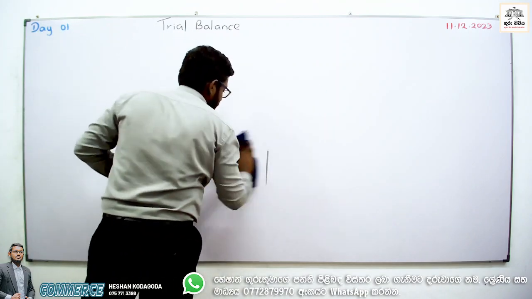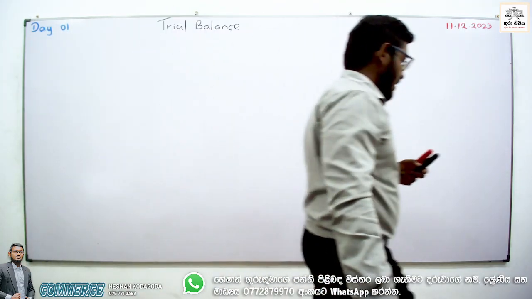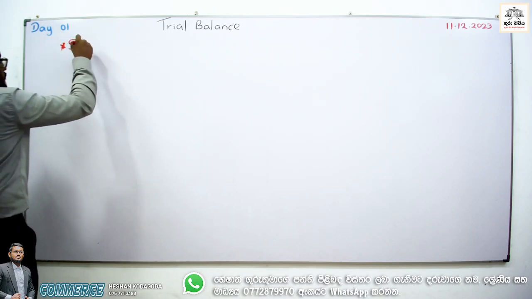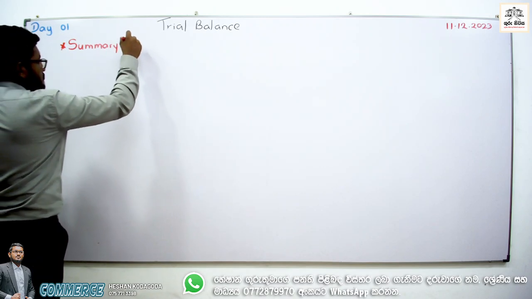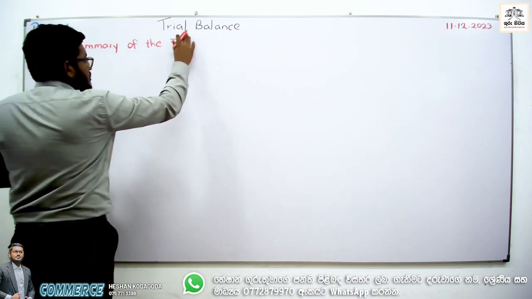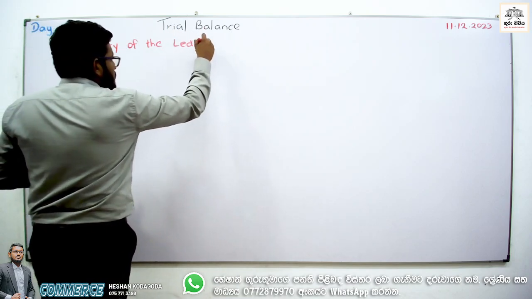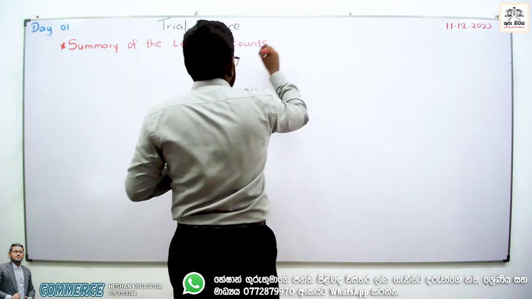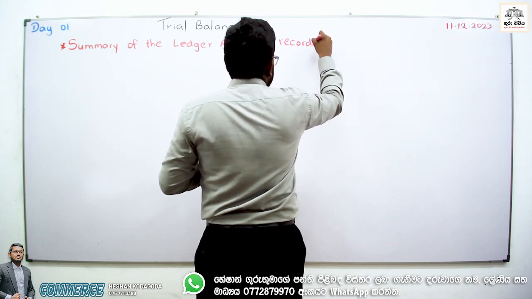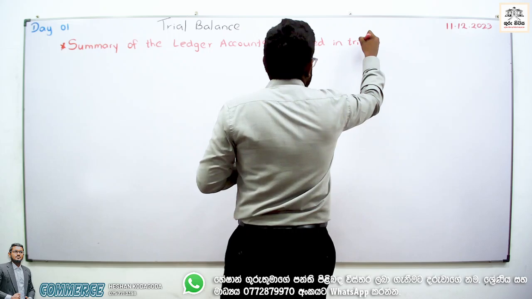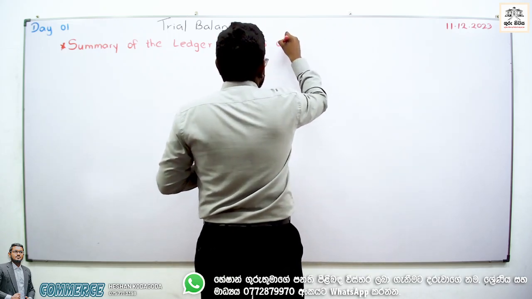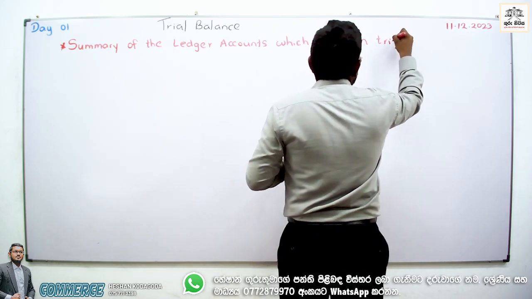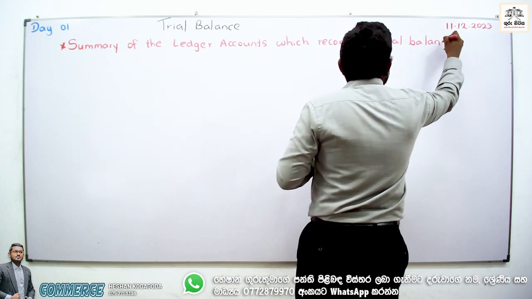Let's write the heading like a bullet point: Summary of the ledger accounts recorded in trial balance.